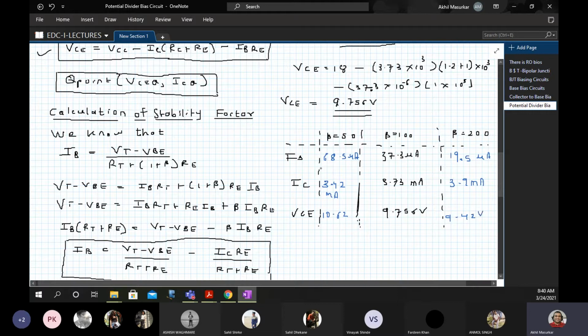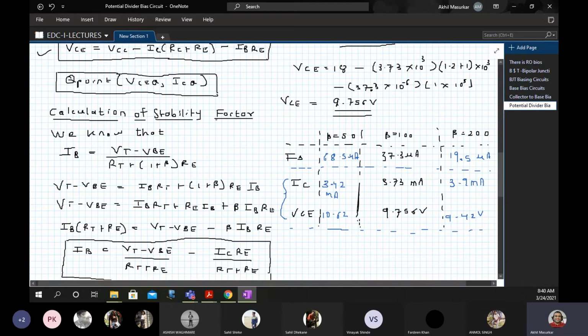So if you look at the values, you can definitely say that the values are very close for IC and VCE. That means the Q point does not change even if there is a change in the value of beta.